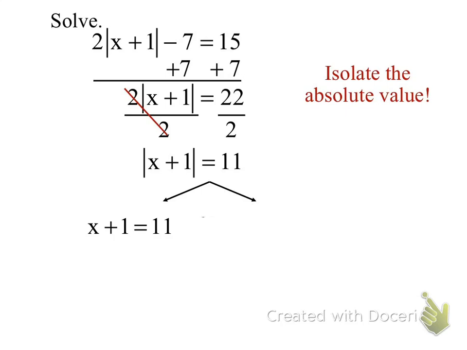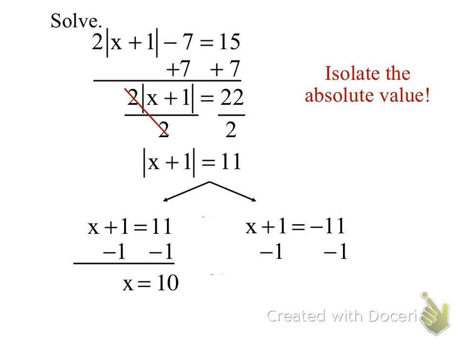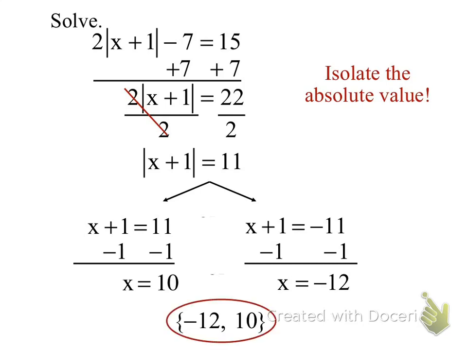Or, actually, it should have an or there in the middle. And then we set it equal, and then we simplify, and we should be getting, Nick? X equals 10 for the first equation. And x equals negative 12 for the second one. Good. And we put that in braces from least to greatest. So that is the lesson.